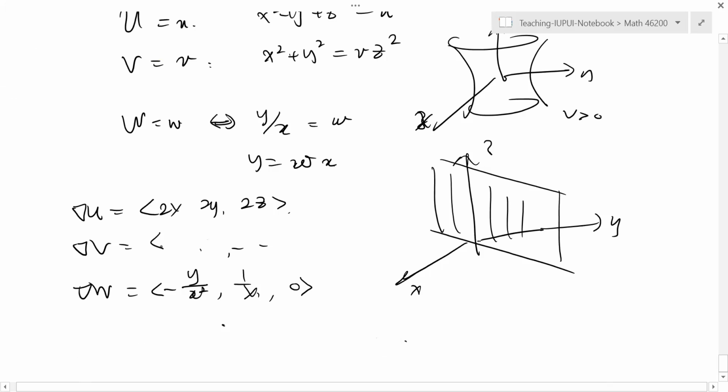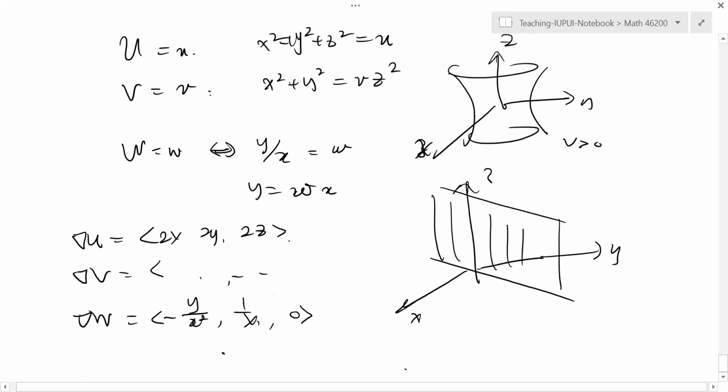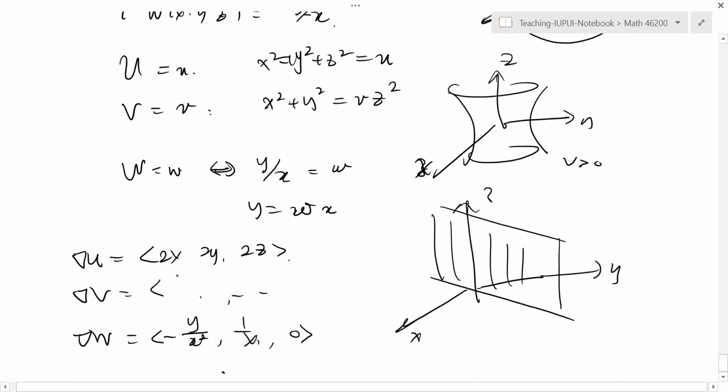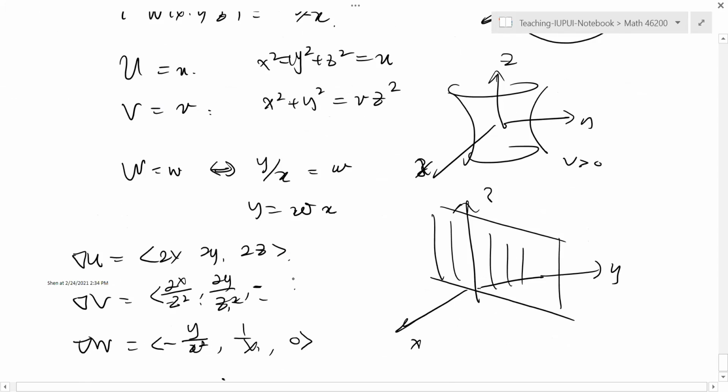I take the gradient of x squared plus y squared over z squared. It is 2x over z squared, 2y over z squared, and for z, differentiating z to the negative 2 gives negative 2, so minus 2 times x squared plus y squared over z cubed.